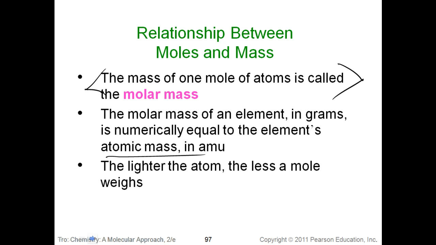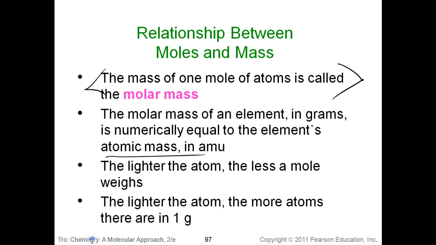The lighter the atom, the less a mole weighs. That makes sense. The lighter the atom, the more atoms that are in 1 gram. That's what I was saying previously. If we're looking at sodium ions and chloride ions, chloride weighs more, so you don't need as many. You'll need fewer atoms to get to 1 gram than you would for sodium.